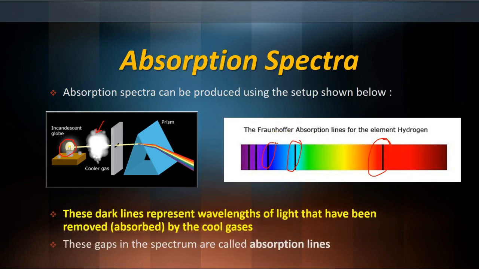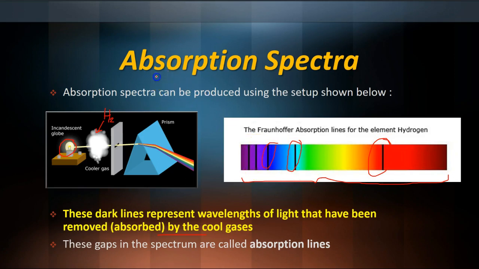It's because this energy is reabsorbed by the cool gas. In this case, I can take this as hydrogen gas. The fluorescent lamp will give you white light, which means a full spectrum of light. However, certain parts of this white light are absorbed by the hydrogen gas. That's why, when it absorbs, you have these dark lines.